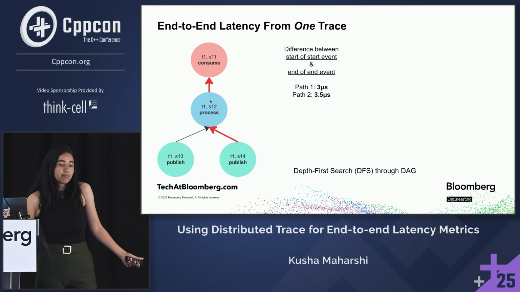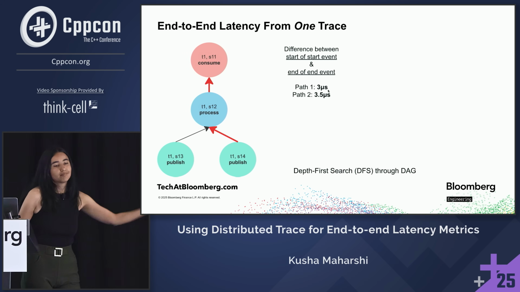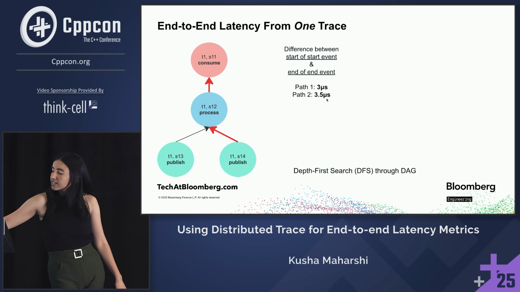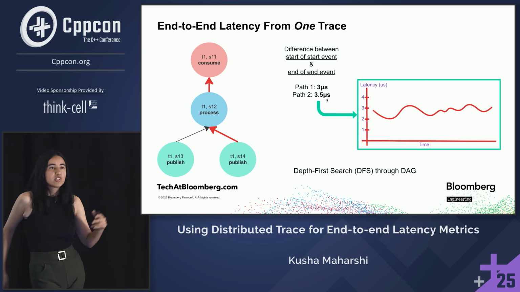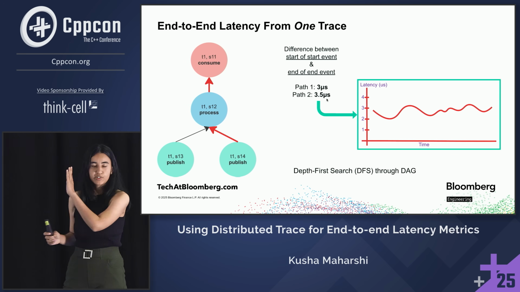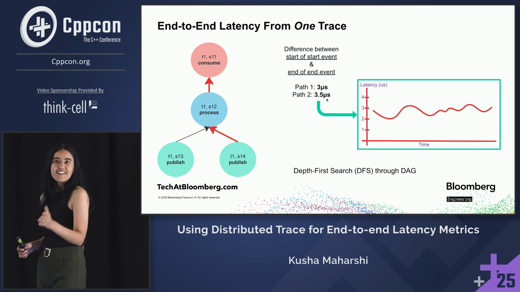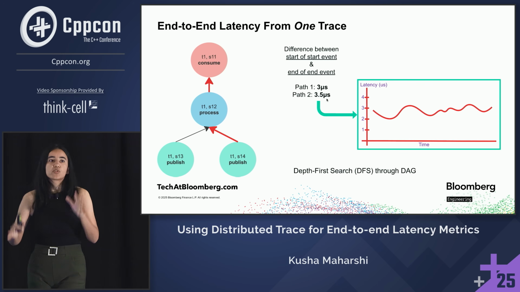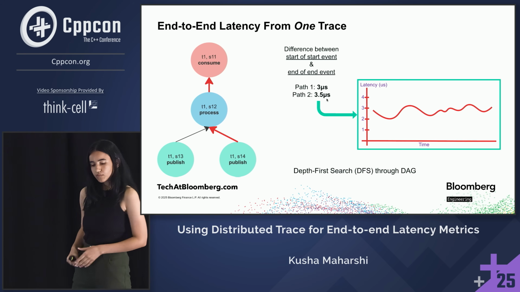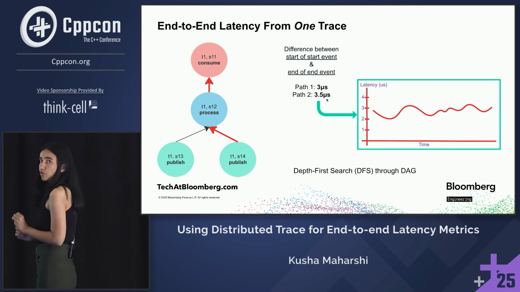For these 2 different paths, for example, we could have maybe a 3 microsecond and a 3.5 microsecond latency. And then at the end, some metrics aggregation magic later, which would be a whole other presentation of its own, we get these latency metrics that engineers can then view on their dashboards. Okay, so that's how we can do it for just one trace.